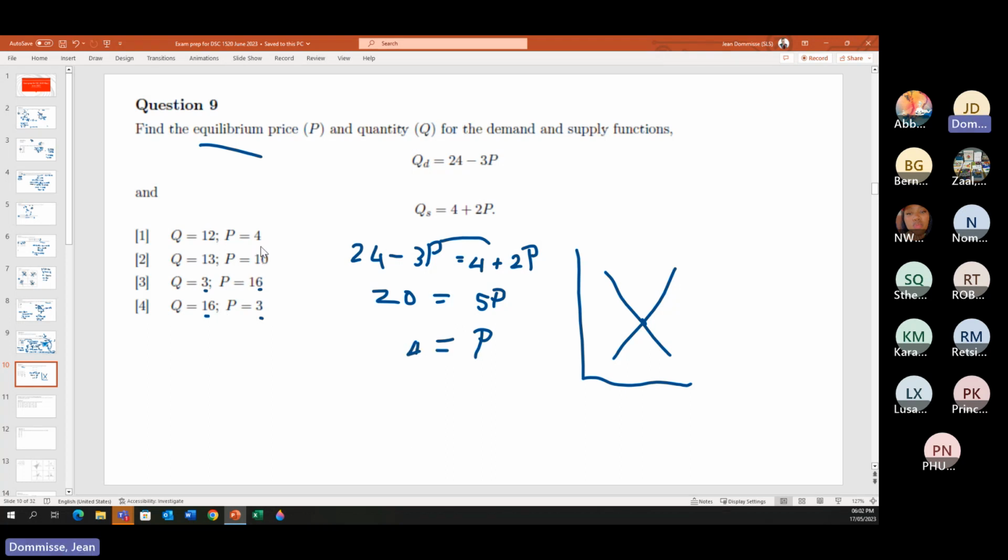Okay, so there's only one where p is equal to 4. Option 1.